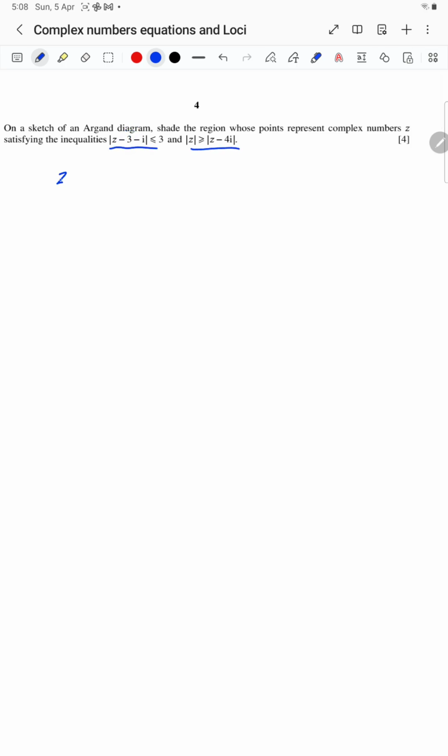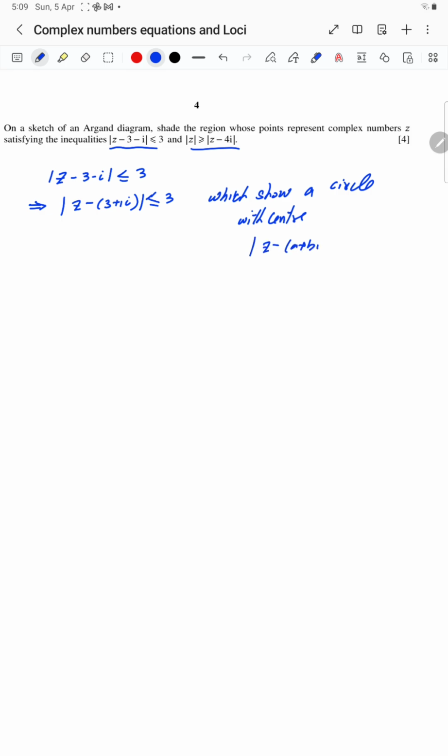The first inequality, modulus of z minus 3 minus i is less than or equal to 3, can be written as modulus of z minus (3 plus 1 i) less than or equal to 3, which shows a circle with center, like center is z minus (a plus bi).